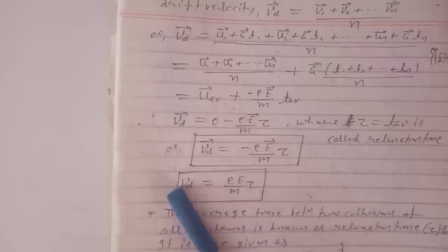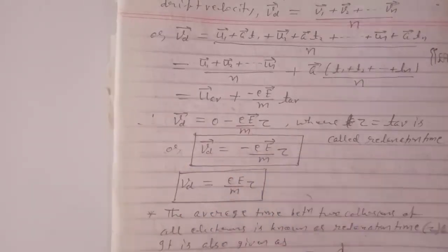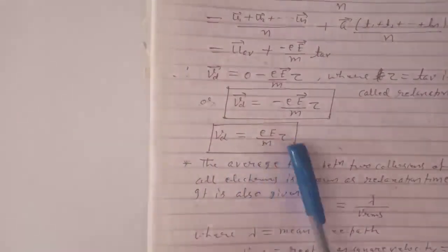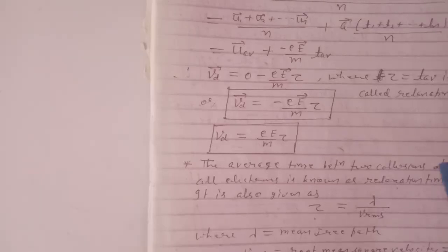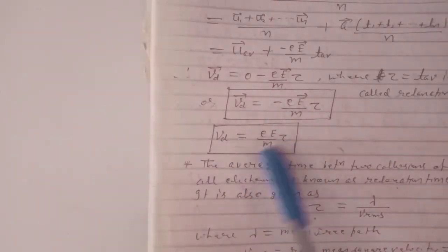Now we have the formula for the drift velocity vector, Vd equals minus eE by m into tau. In magnitude form we can write Vd equals eE by m into tau. So this represents the drift velocity of electrons.